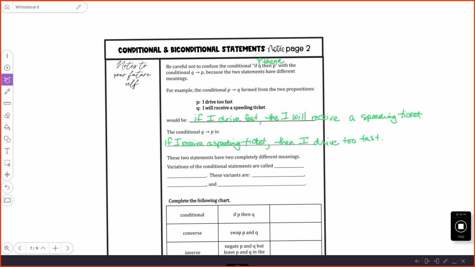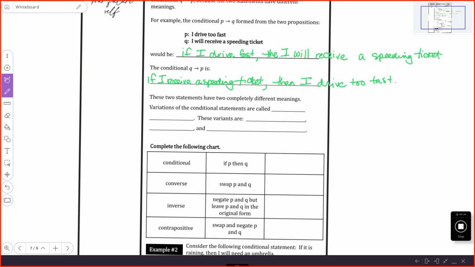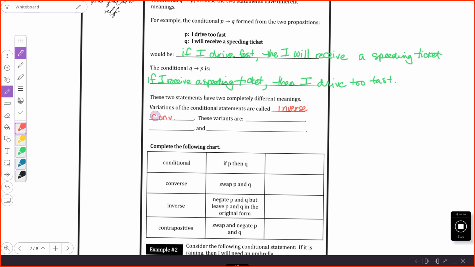So these are called variations on our conditional statements, and the variations that we're going to be studying are the inverse, the converse, which is what we just did. Oh, hold on. I just put that in the wrong place. These go here. These are called variants.